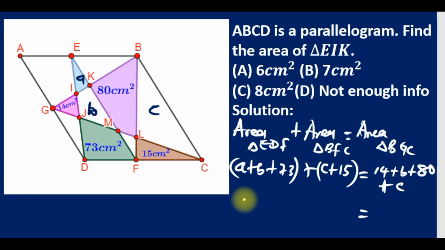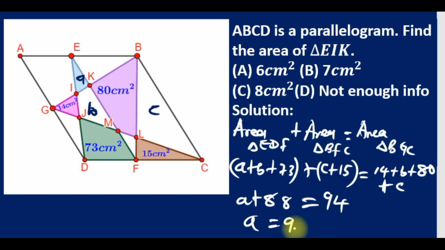So we are left with A plus 73 plus 15, which is 88, equal to 14 plus 80, which is 94. Do you see it? Remember, that's what we are asked to find: A is the area of triangle EIK. So A is 94 minus 88, which is 6. So our answer is option A.